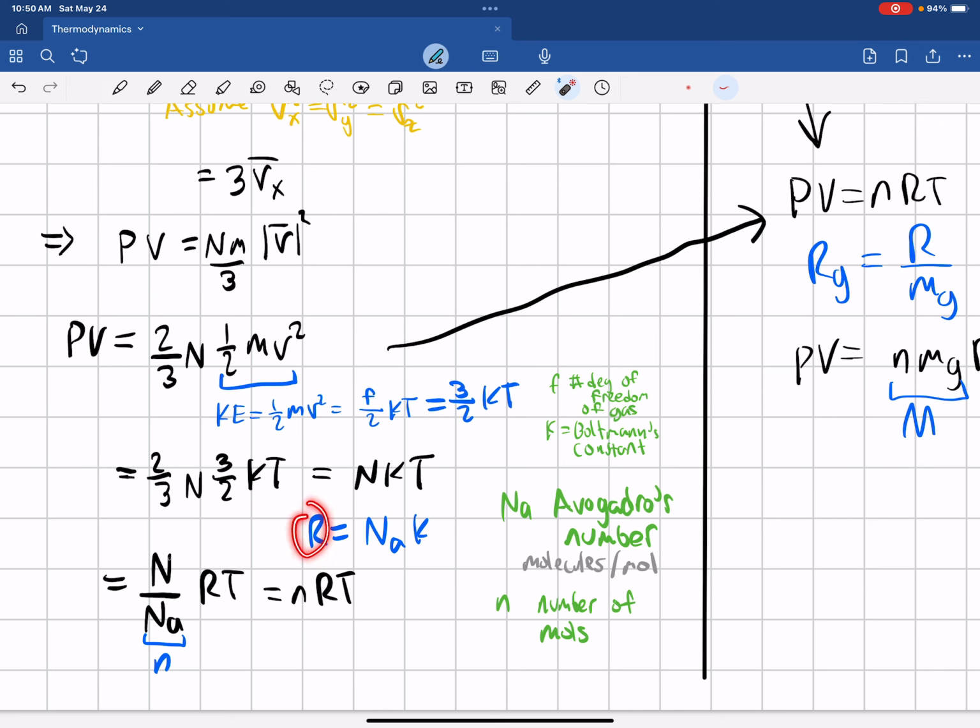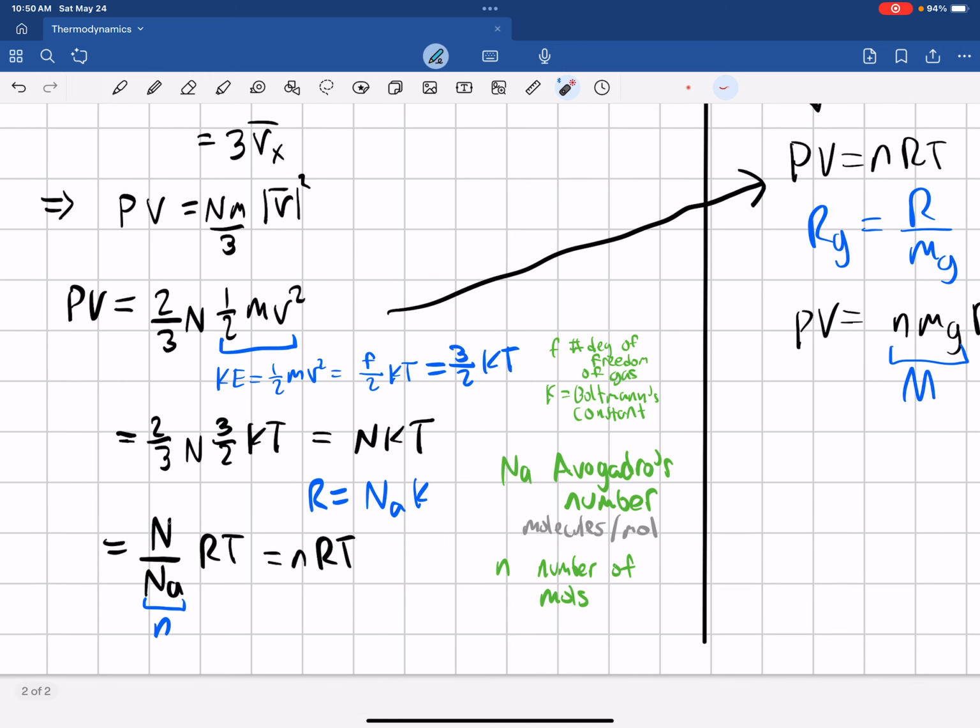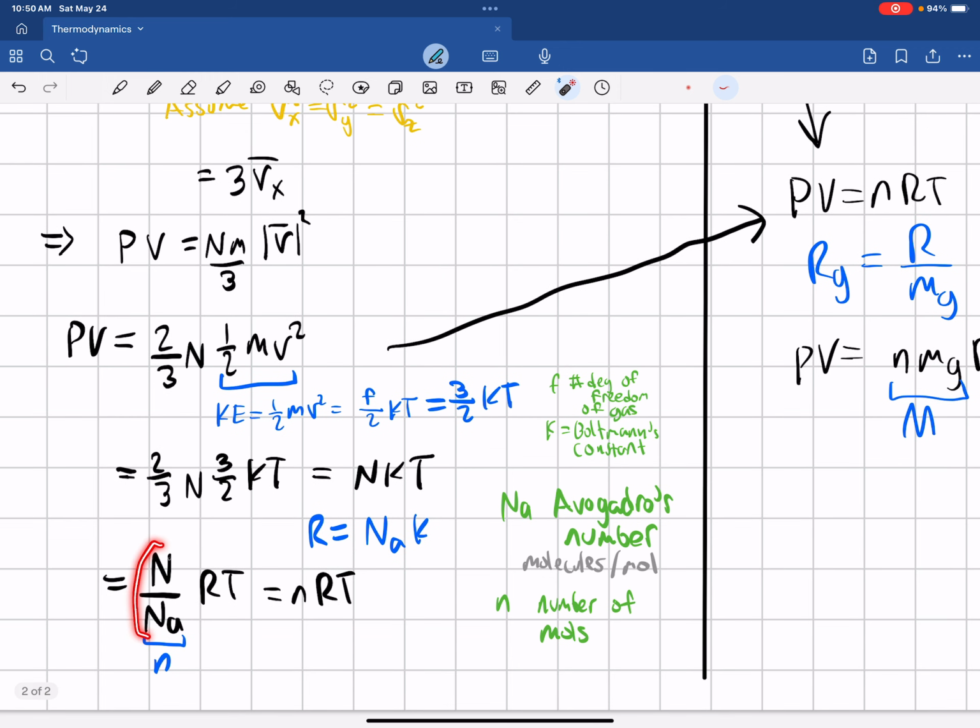They're both constant numbers, so we can make whatever constant we want. Now plugging that in, we'll get N over Na, so number of molecules divided by the number of molecules per mole will give us this quantity called n, which is the number of moles. And just to be clear, the whole thing is n. So we'll have nRT, PV equals nRT. So that's what we're trying to solve for.